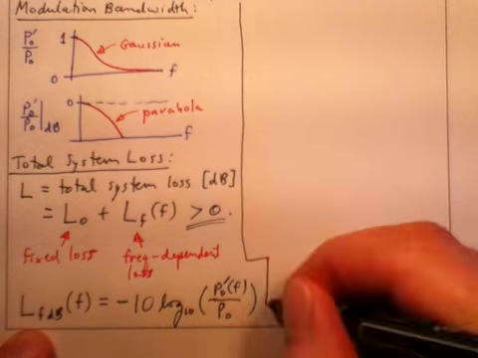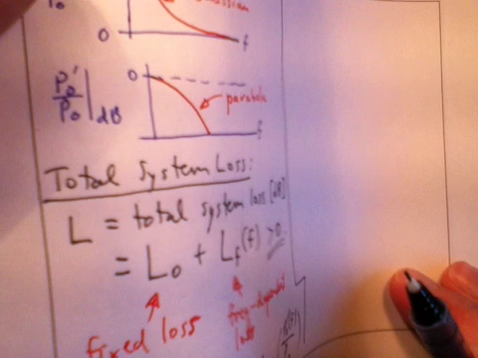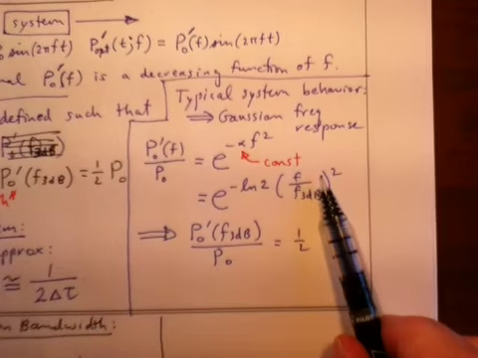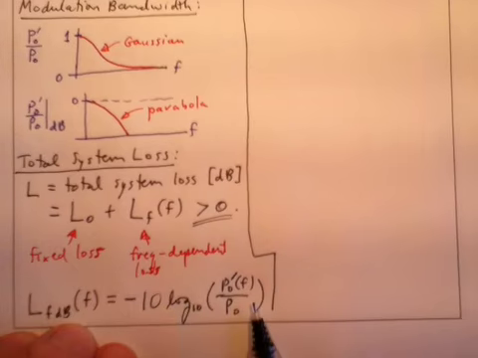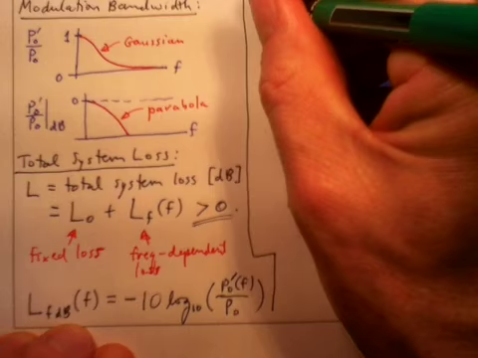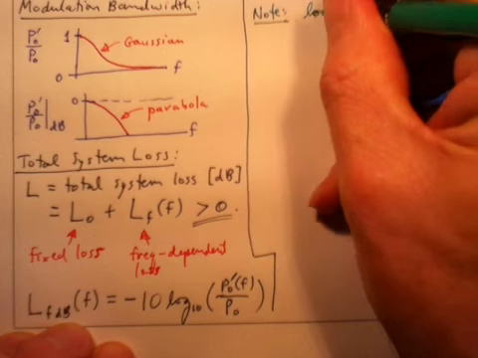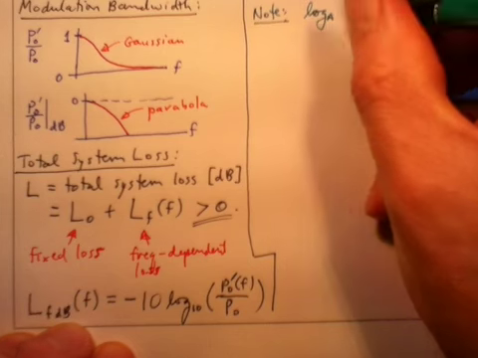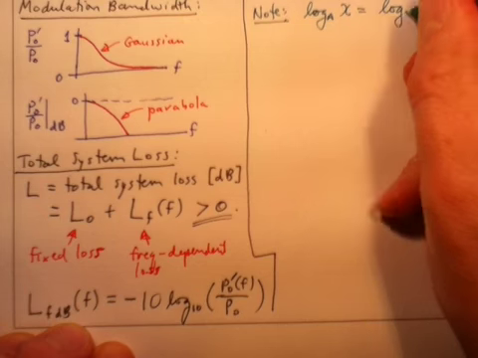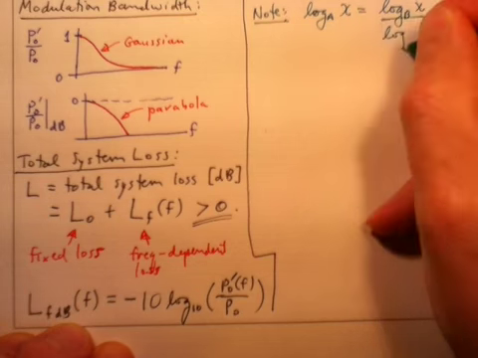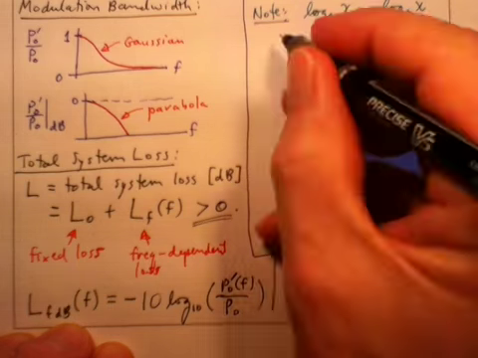Now I'm going to plug in that Gaussian model for the loss into this decibel version of the equation. I'm going to note first, off to the side, that log base A of x is equal to log base B of x all over log base B of A. And I'm going to use that in this derivation.